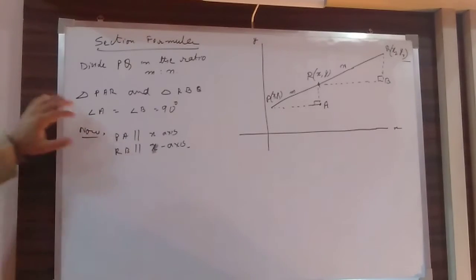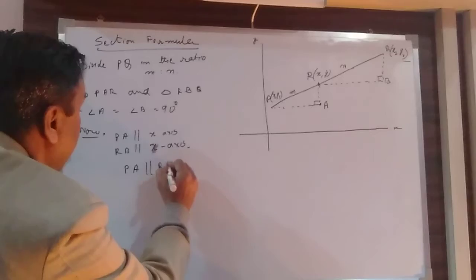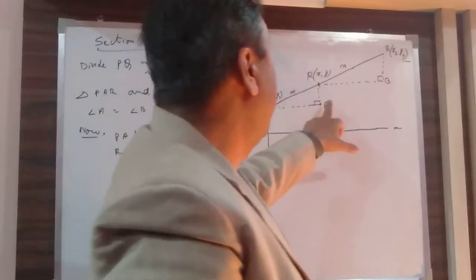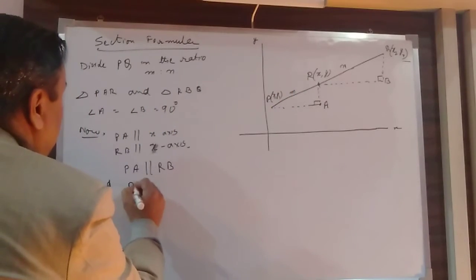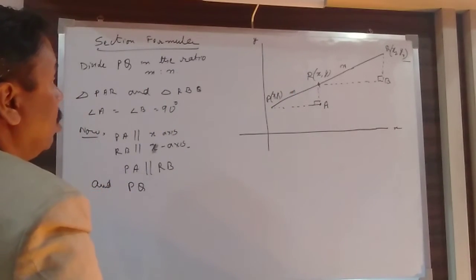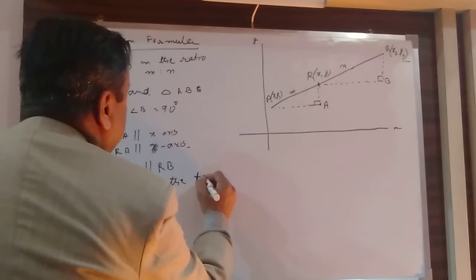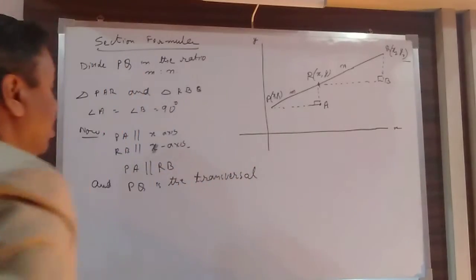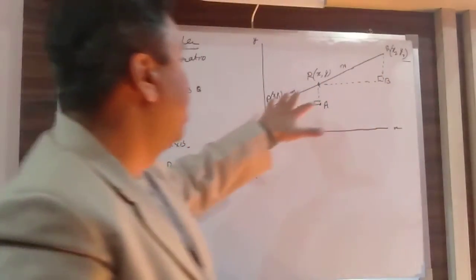By combining these two, I can say that PA is parallel to RB, and PQ is the transversal.